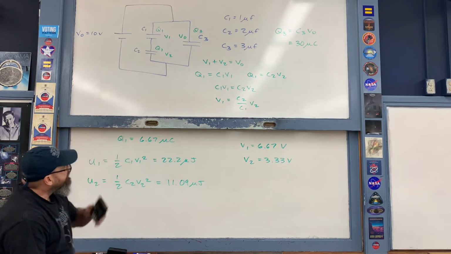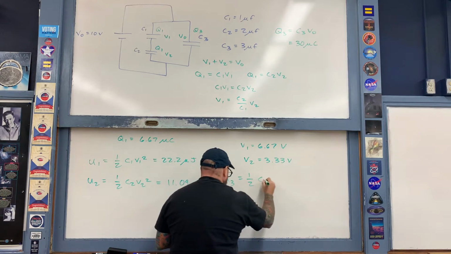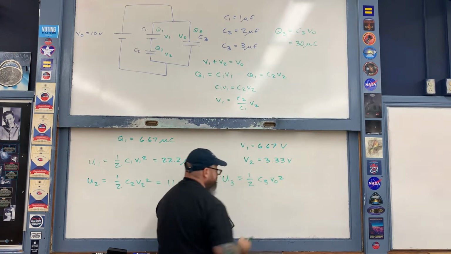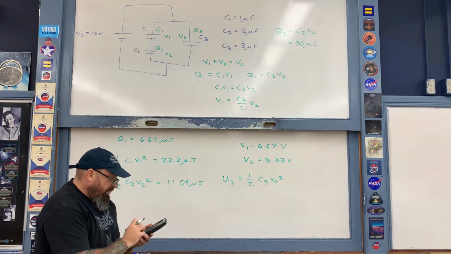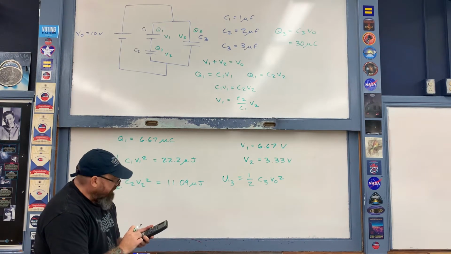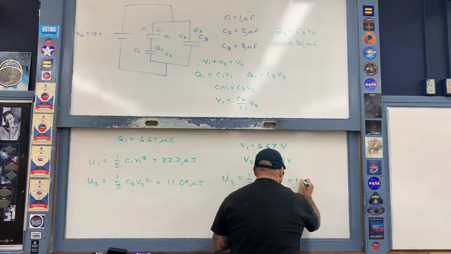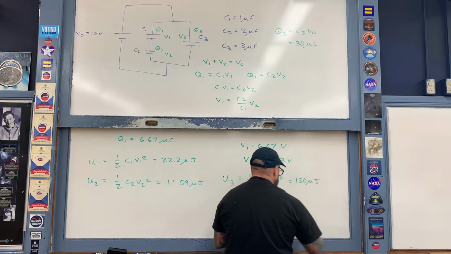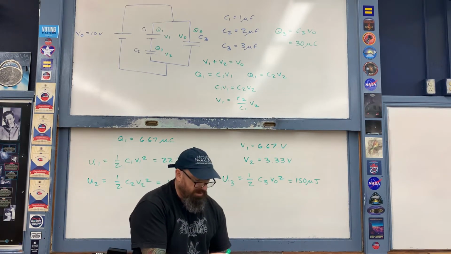And then lastly, for capacitor C3, we'll have U3, 1/2 C3 times V0 squared. Remember, of course, that the voltage across capacitor number 3 is V0. So 1/2 times 3 microfarads times 10 squared, and this ends up being 150 microjoules. Okay, easy problem, just a bunch of little relationships and some unknowns.